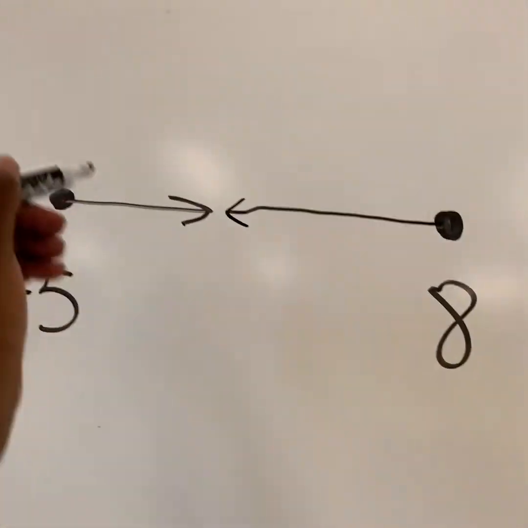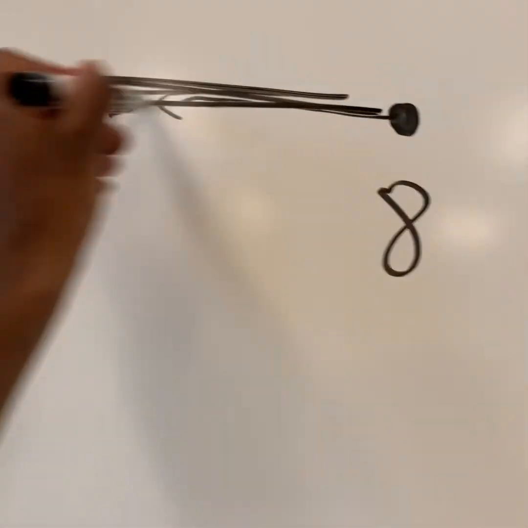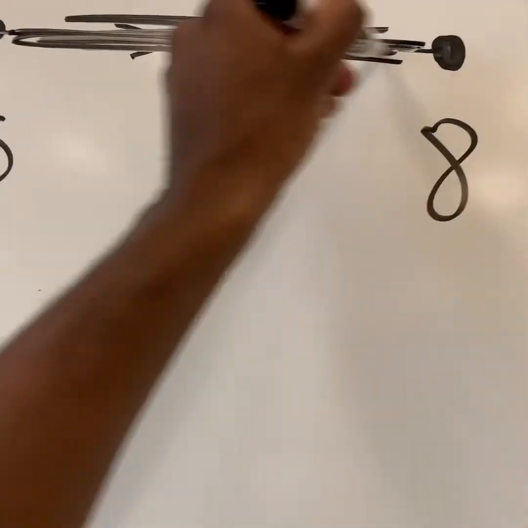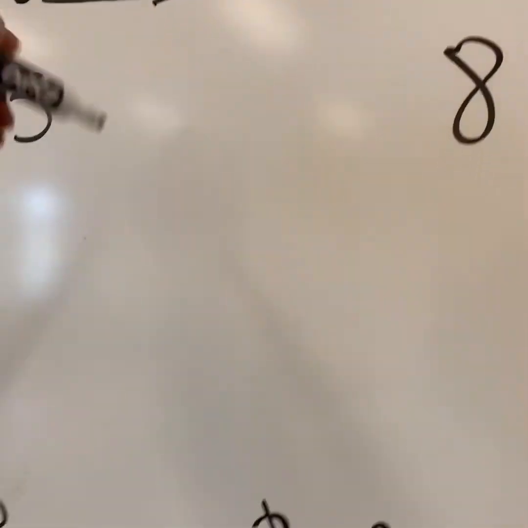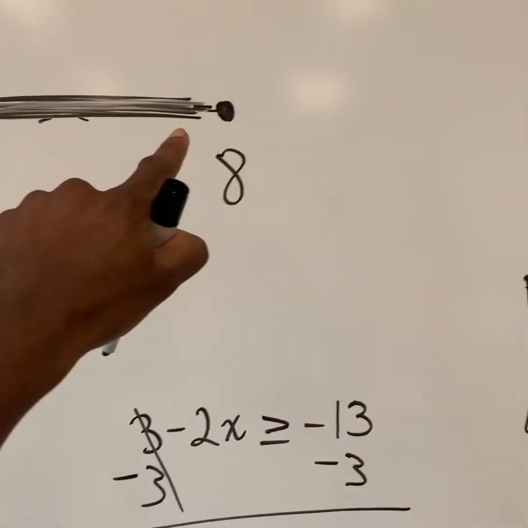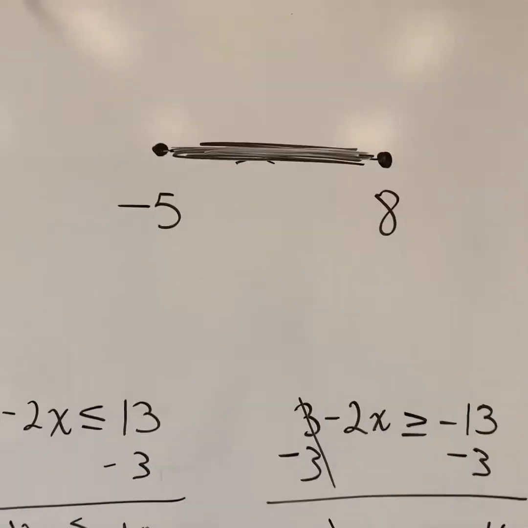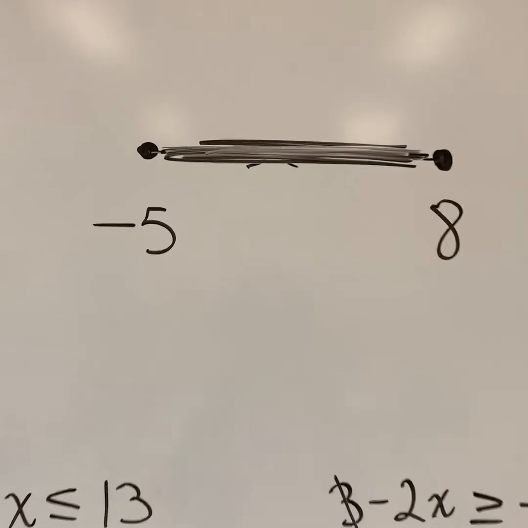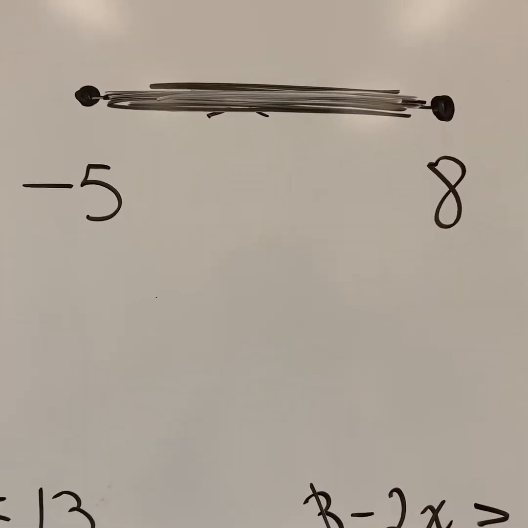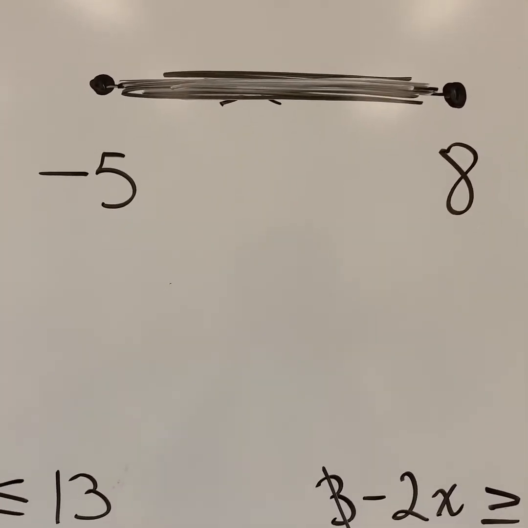And therefore what really happens is we're talking about all of my solutions should land from this dot to that dot. Anything outside of where I've shaded will be false. Those would not be solutions. But these are where your solutions will lie. That's where your statements will always be true.